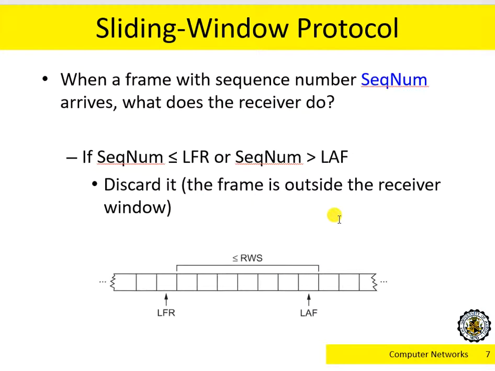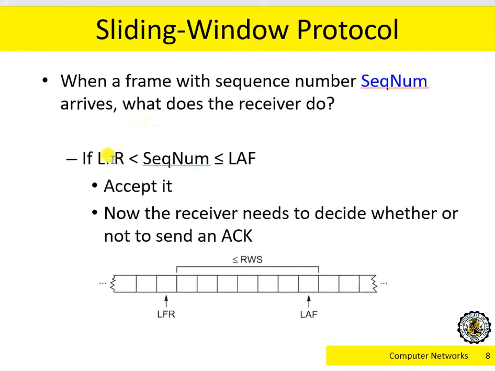Similarly, if the frame has a sequence number indicating that it is within the receiver window size, in other words, it is located after the frame that sent out the ACK and before the last frame that can be accepted or buffered in the receiver, then the frame is considered within the receiver window.